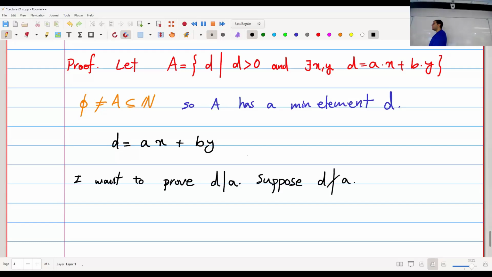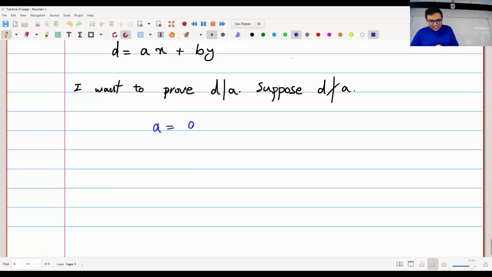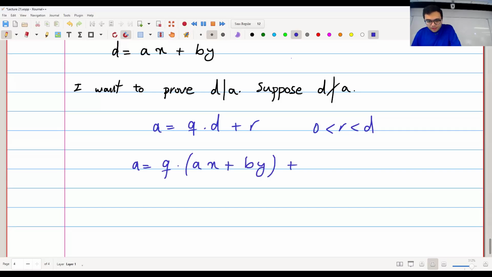What does this give me? So I can write A as Q times D plus R, where R is less than D and greater than 0, right? A is QD plus R. Now what can I do? I can say that A is Q times, instead of D, I can put AX plus BY, plus R. But what can I do now?